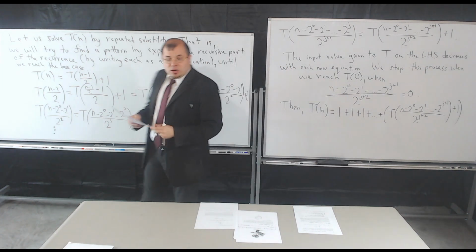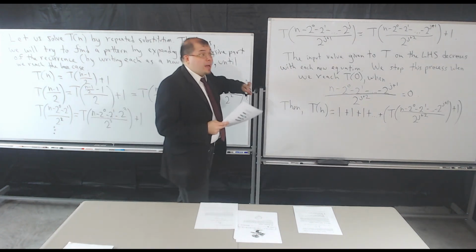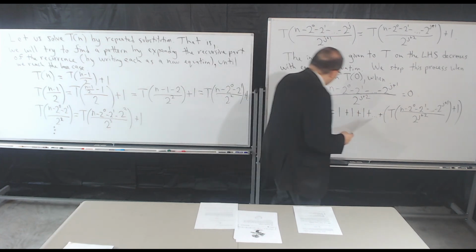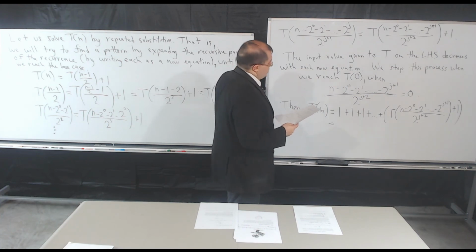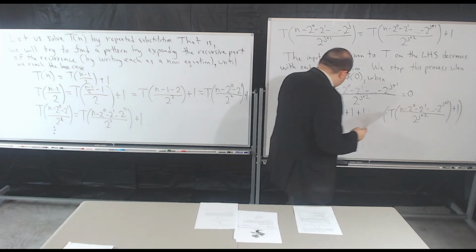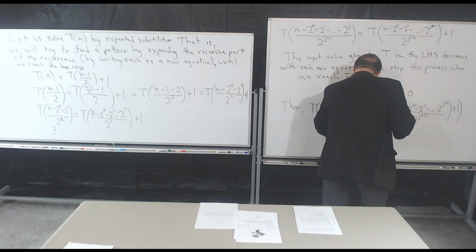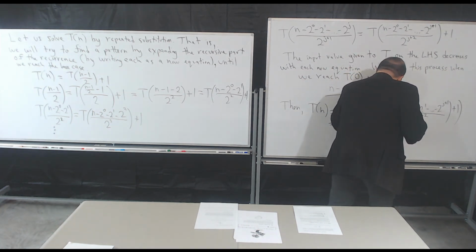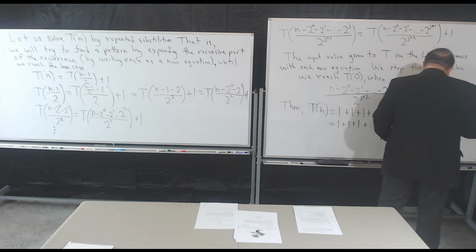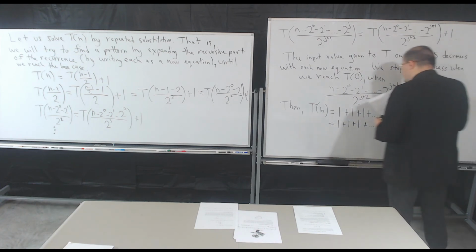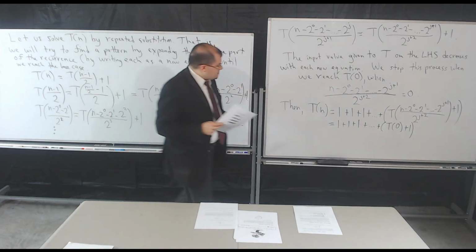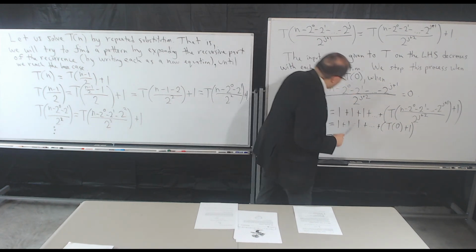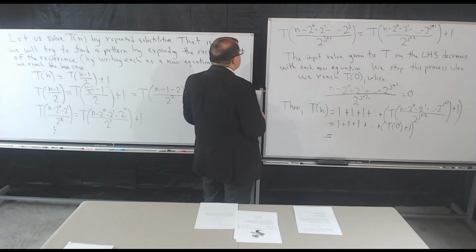That's basically what our closed form is going to come out of, this thing. I'm going to simplify this a little bit. And I want you to take notice of how many equations I wrote down here. Carefully notice this. So this is just 1 plus 1 plus 1, all the way until I get the T of 0 plus 1. Now if I look at this, how many equations did I write down?